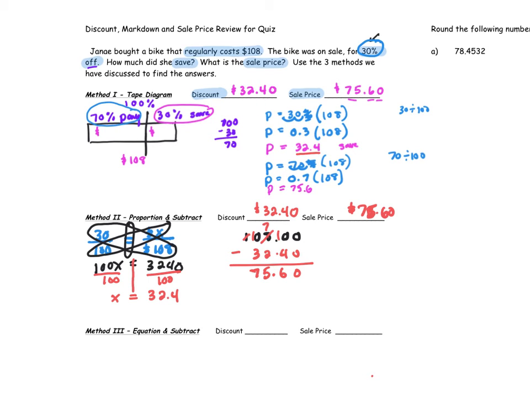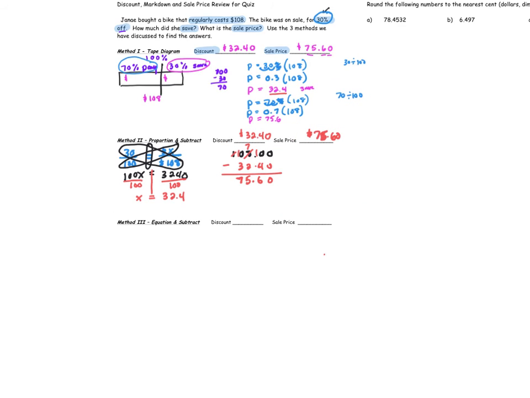So let's try one more method. So our third method is write an equation and subtract. So the equation we're going to write is part equals rate, percentage rate, times total, and then we're going to subtract. So it's kind of a combination between the two. And generally speaking, they give us the discount amount, which will help us find the discount.